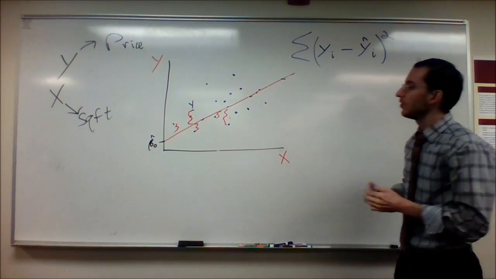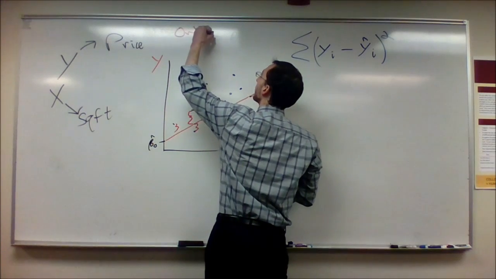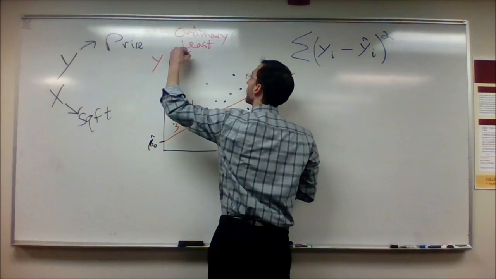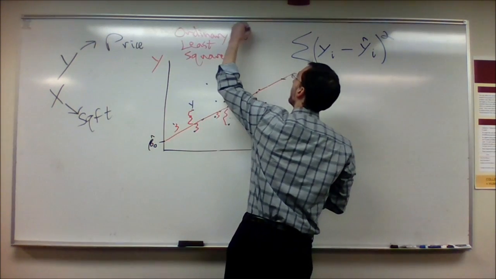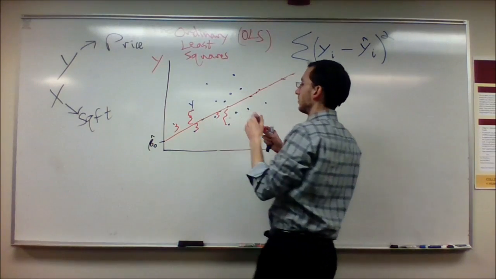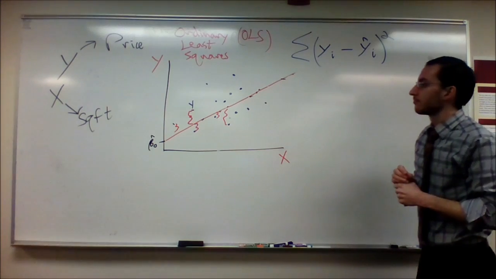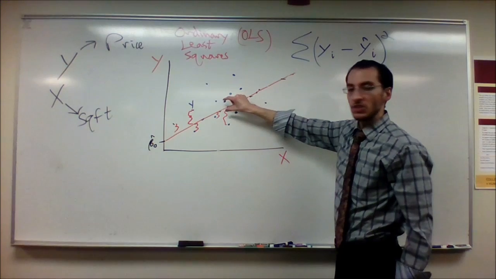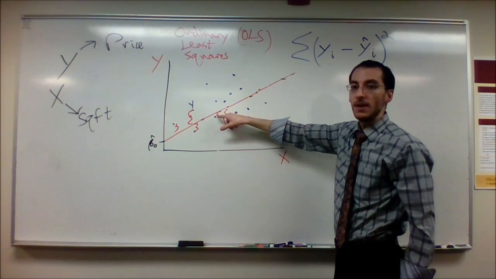This is called ordinary least squares, or OLS. Again, it's just saying I want a line that minimizes the square distance of my data and my line.